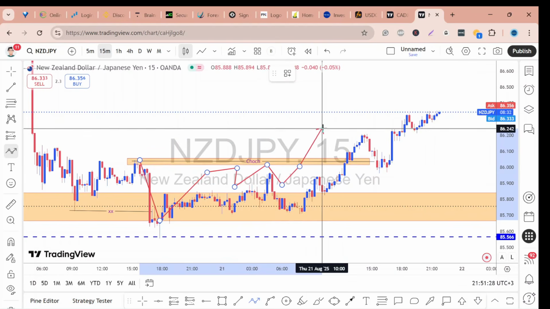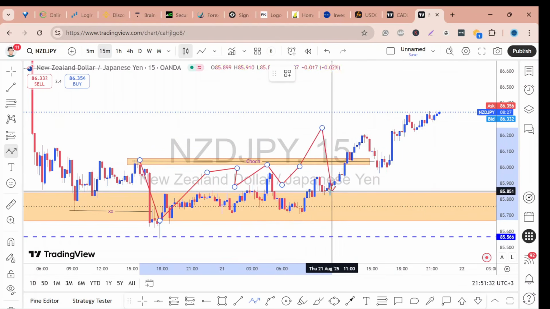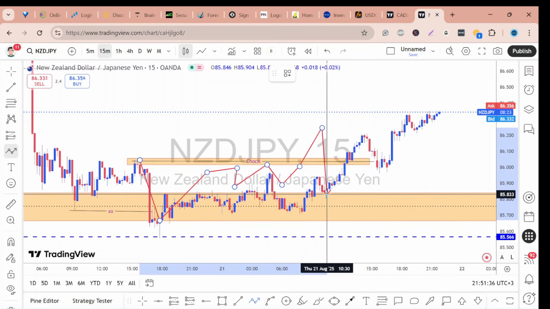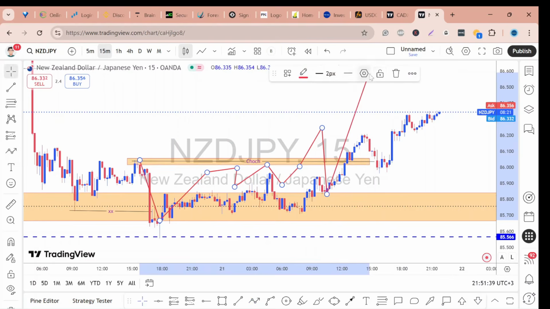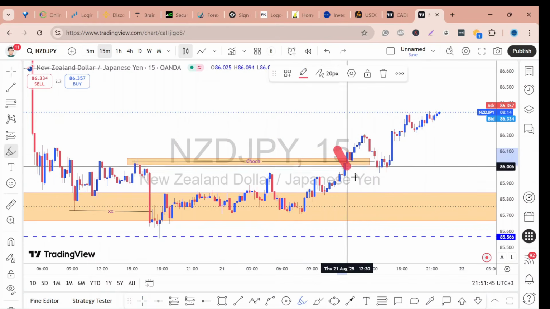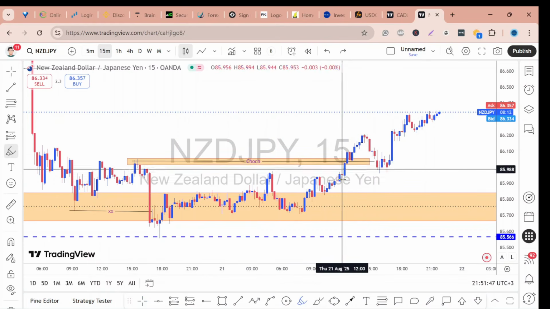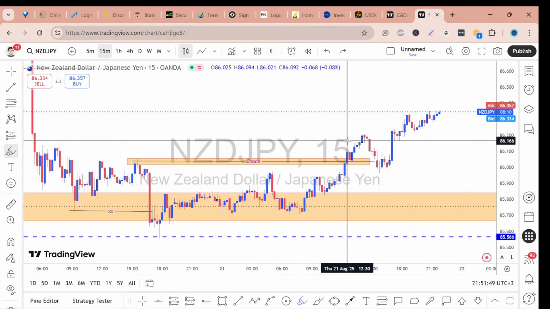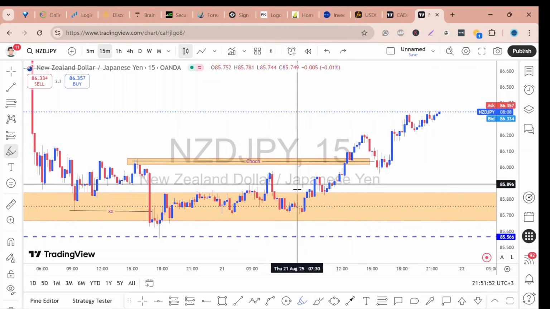But the moment we break above here, then what we are looking for after that is a retest and a push of the market higher. In this case, the break happened at this point here, as you can see. That is when the market broke high to give us that change of character.